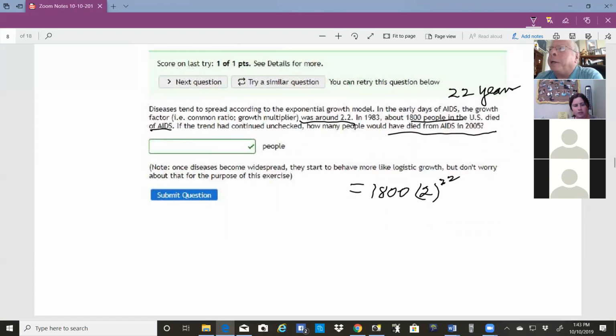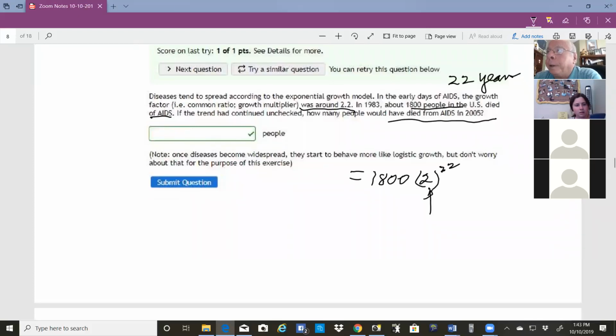Hey, everybody look at what I just wrote down. Okay. What did I do wrong? What number did I put in for the growth multiplier instead of 2.2? So you got to catch me on that.